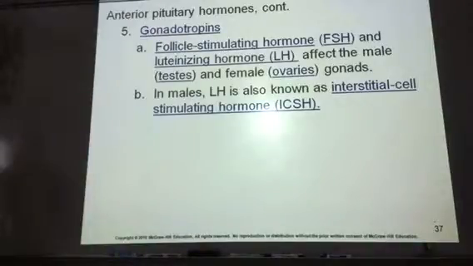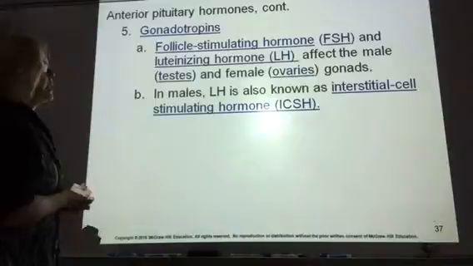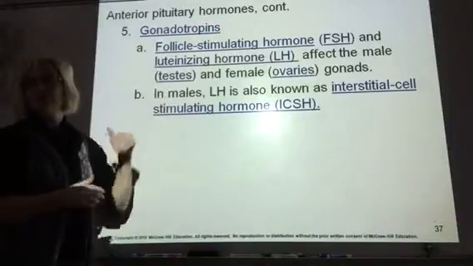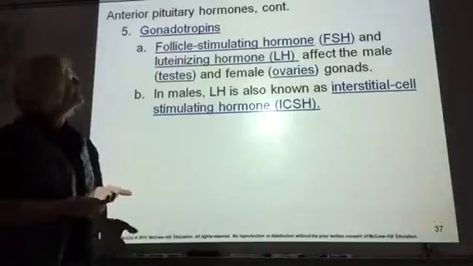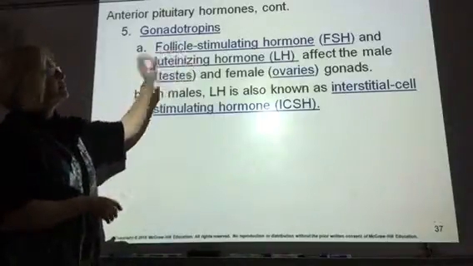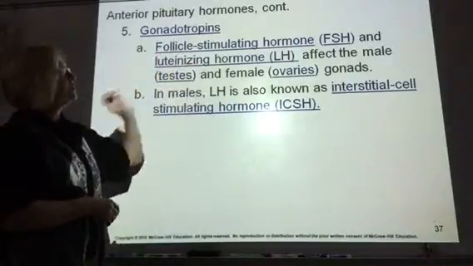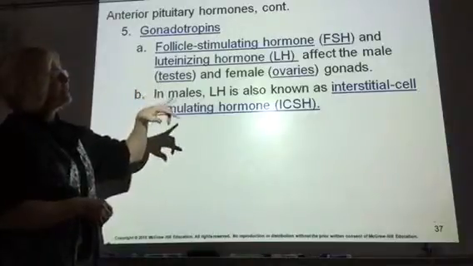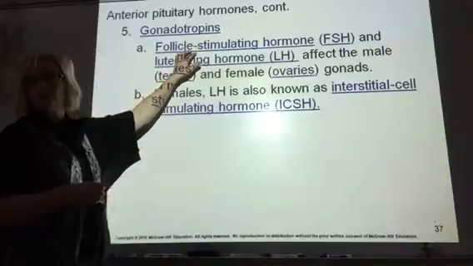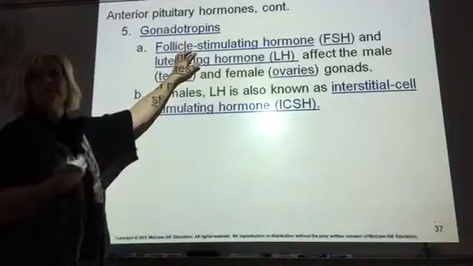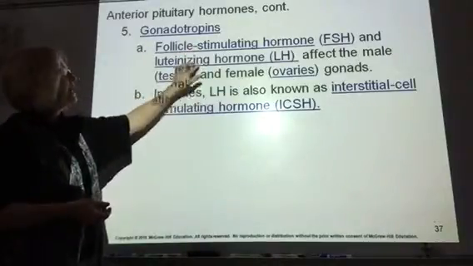Gonadotropins, these you probably should have heard about in biology, FSH and LH. Very important in both males and females. Follicle stimulating hormone, luteinizing hormone, affects testes and ovaries. So follicle stimulating hormone, very important for production of eggs, production of sperm.